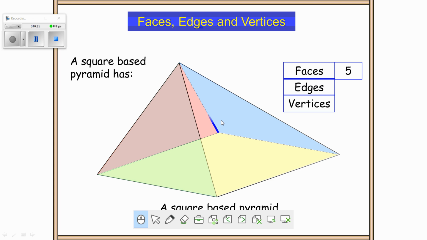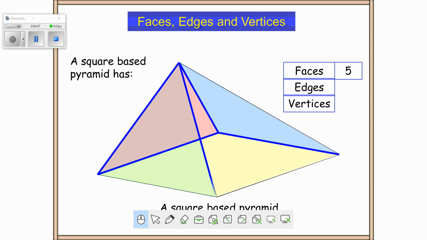Now, edges. A line, we call it an edge. The edge connects two faces together. 8.